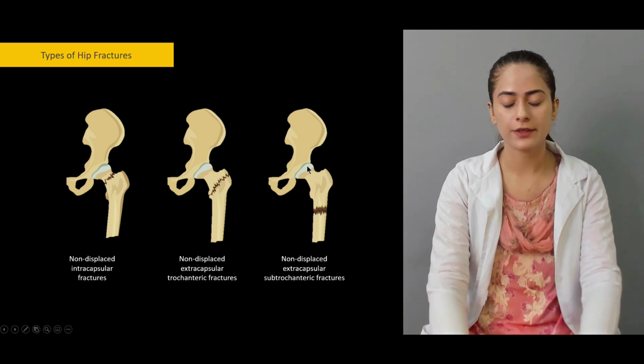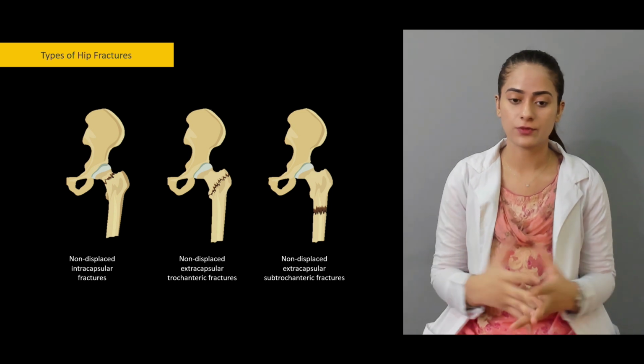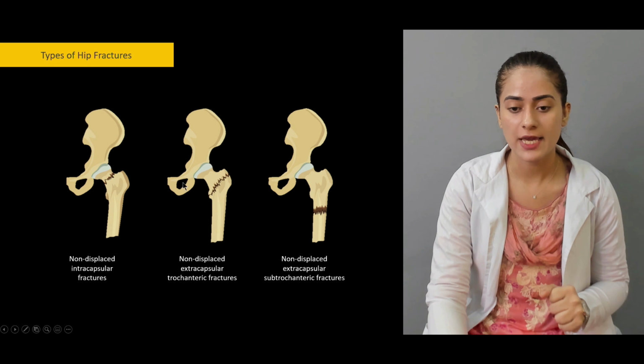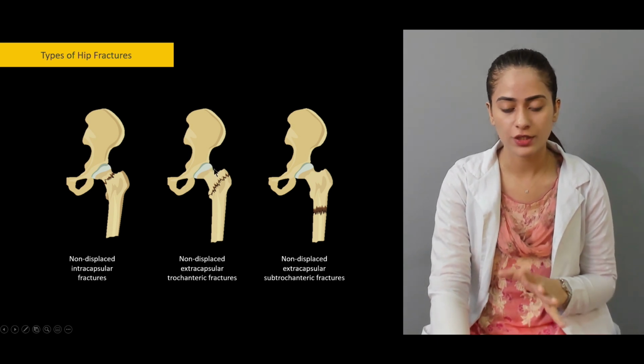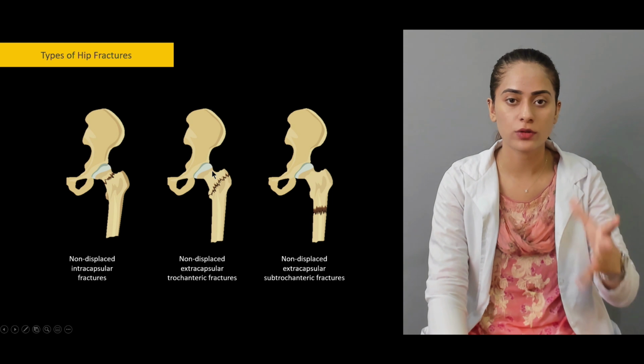So let's talk a little bit about the physis, or the epiphyseal plate. This is the epiphyseal plate. If it were present here, this would have been a capital epiphysis.